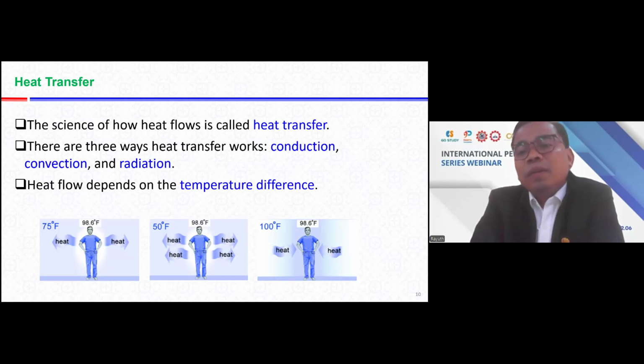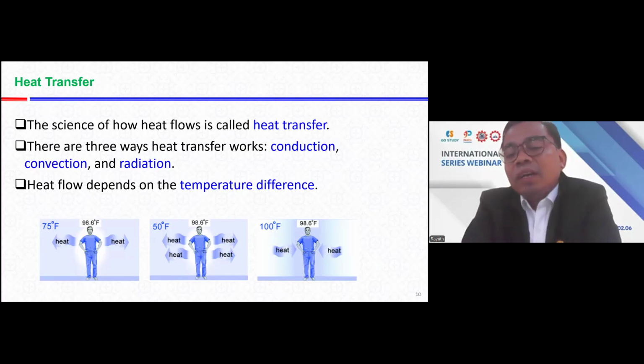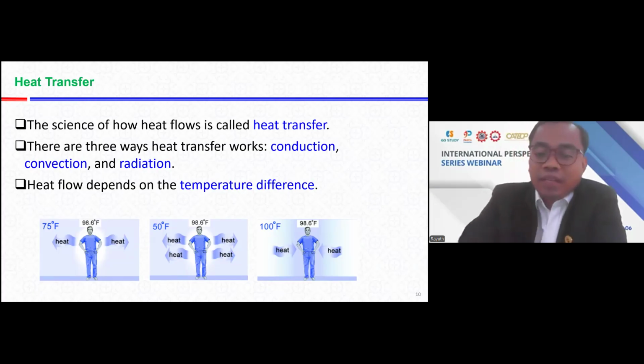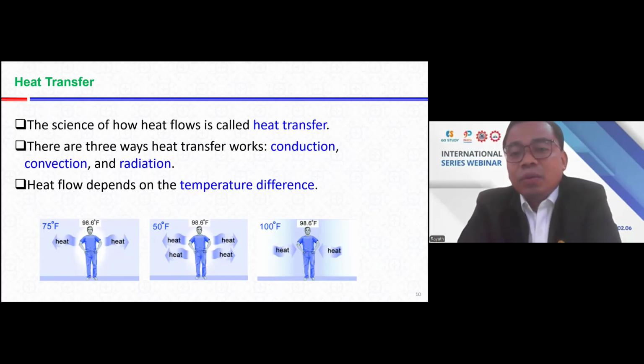In the second one, the outside is 50 Fahrenheit, so the body heat is also transferred to the outside. But in the third picture, the outside temperature is 100 Fahrenheit, so heat is transferred from the hot outside to the lower temperature of the person's body. That is heat transfer.